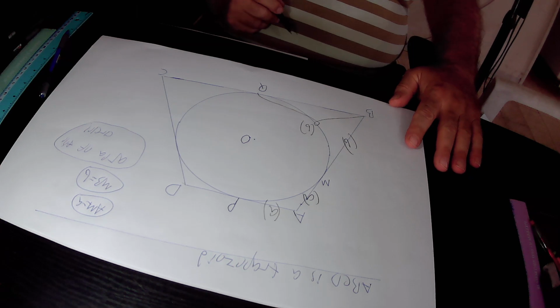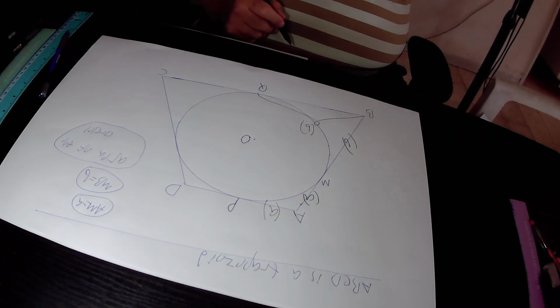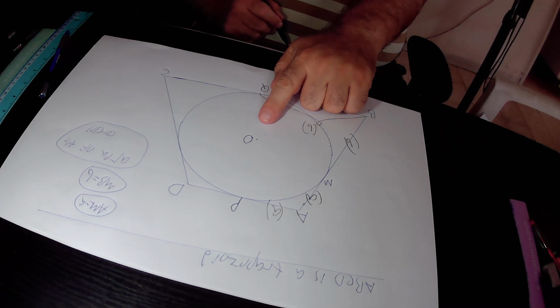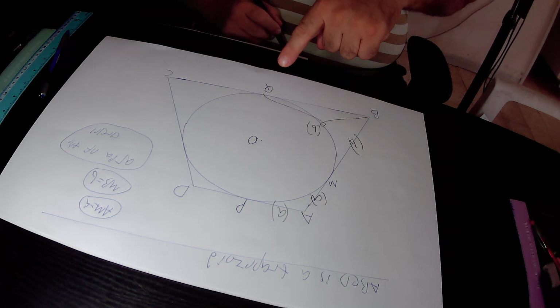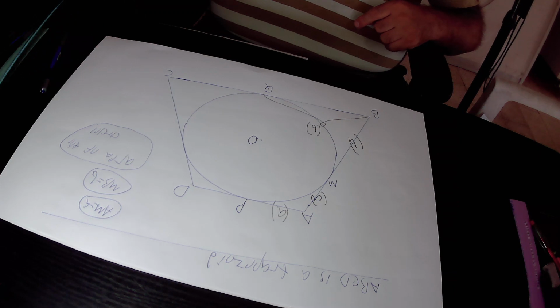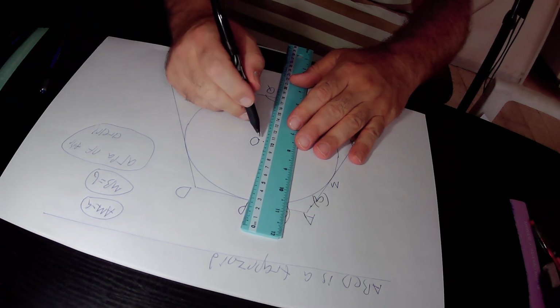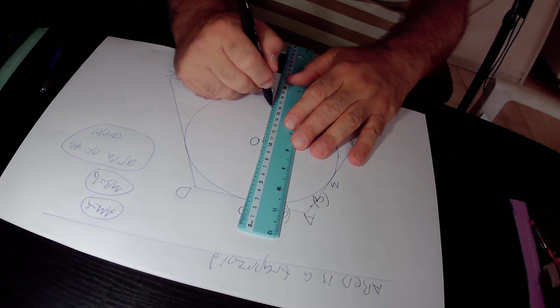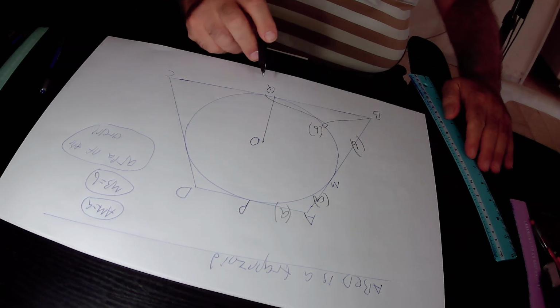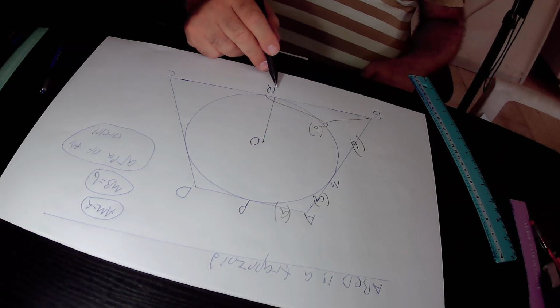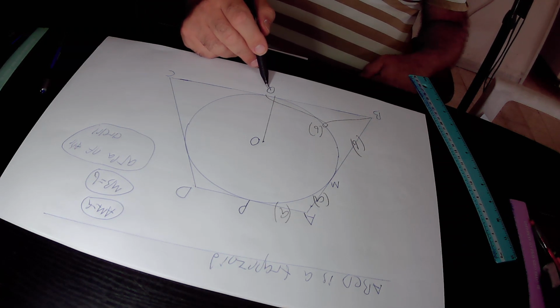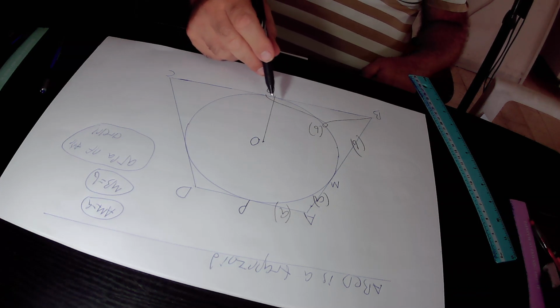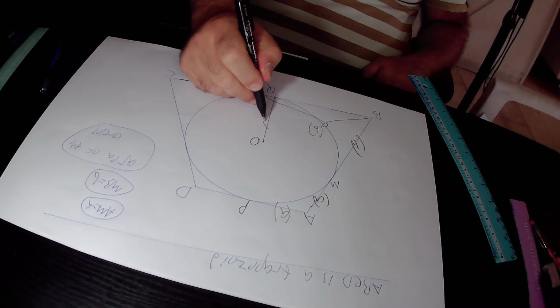In the next step, we will join point O, the center of this circle, and point Q together by a straight line. Point O is the center of this circle, point Q is a point on the circle itself. Therefore, OQ is the radius of this circle. We define the radius of this circle as x, so OQ equals x.